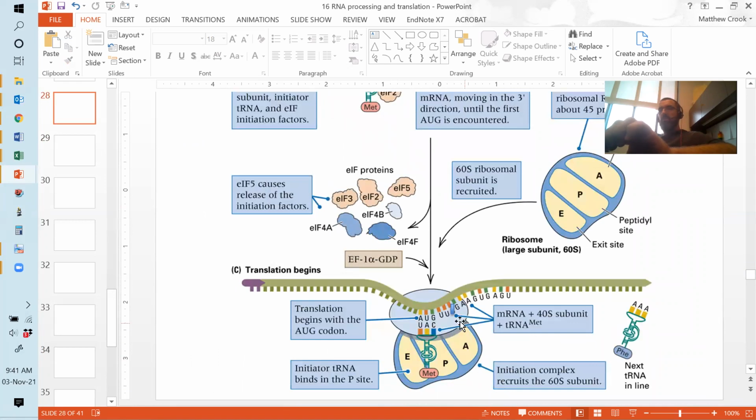Okay, so what was our reading frame again? The new reading frame is AUG, UUG, AAG. Right. What's the next codon? Right, so it's UUG, AAG. What's the next one?